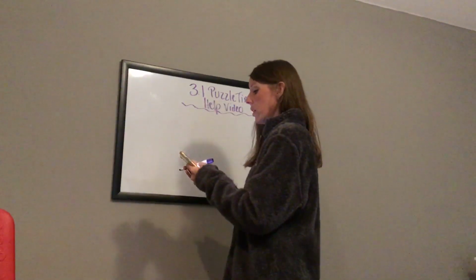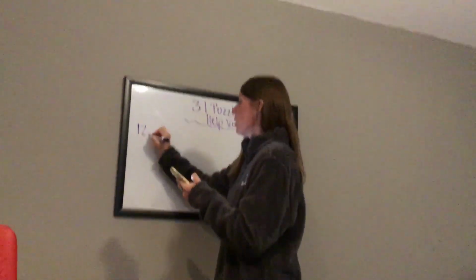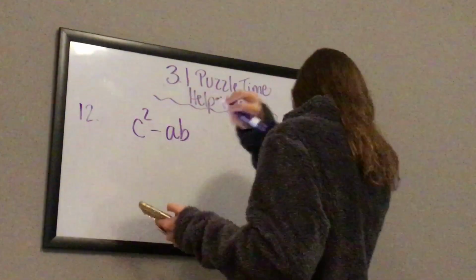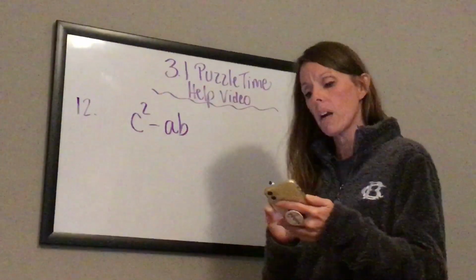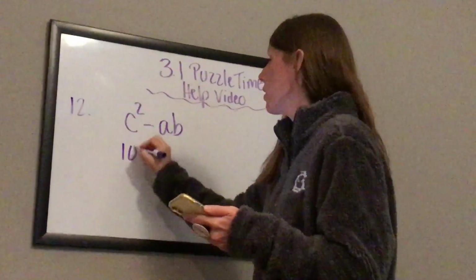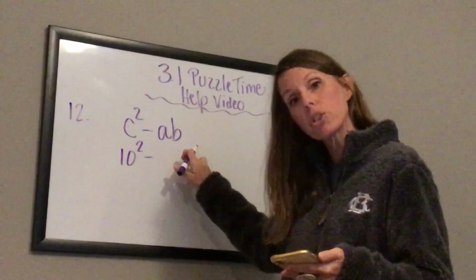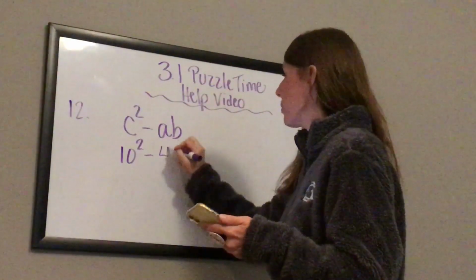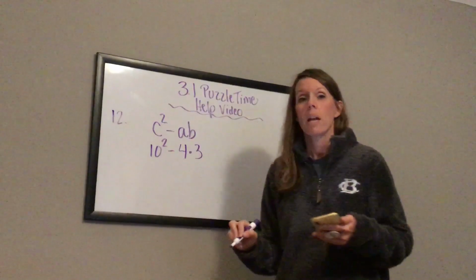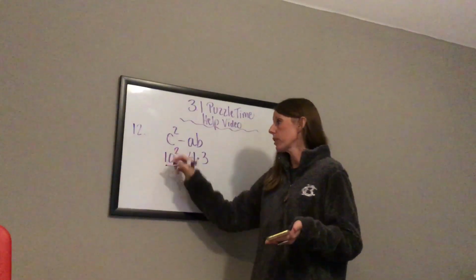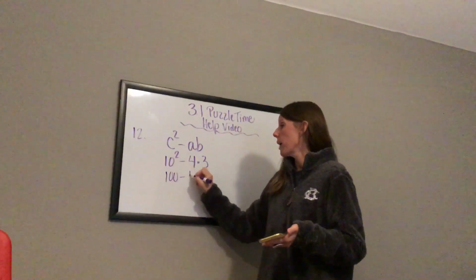So the question for number 12 is C squared minus AB. All right, C is 10, so 10 squared minus A is next to B, so that means to multiply. So that's going to be 4 times 3. Now we just do PEMDAS. I don't have parentheses, but I do have exponents. 10 squared is 100 minus 4 times 3.